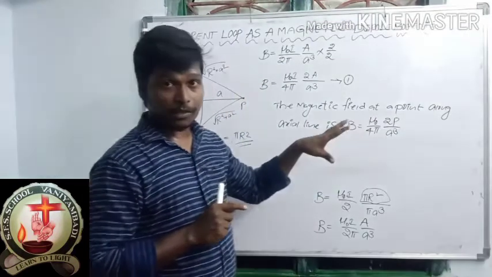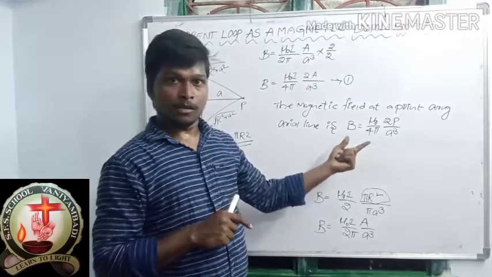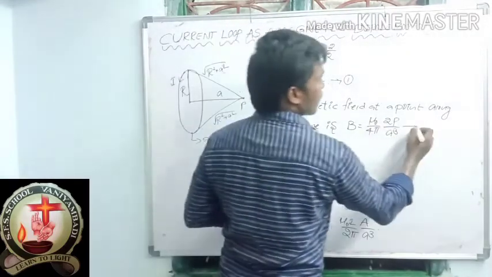This is the expression of the magnetic field at a point along the axial line. Correct.